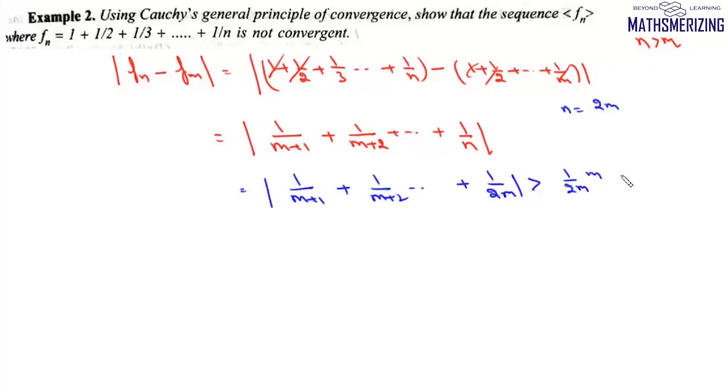So it will always be greater than 1/2. So |Fn - Fm| is greater than 1/2. Now this contradicts the condition of Cauchy's criterion. So the sequence is not convergent and it is not a Cauchy sequence.